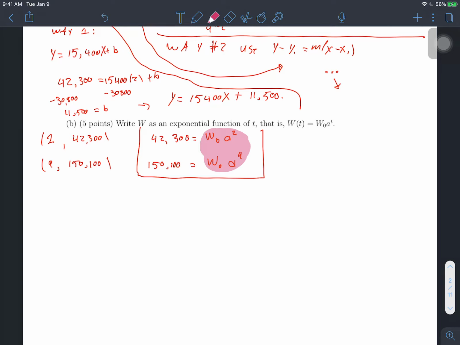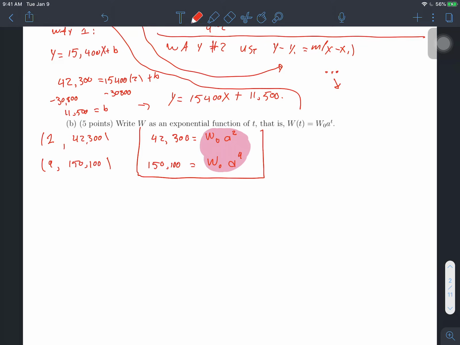Since both terms have a W naught present, I can divide these 2 terms and the W naught will go away and I'll just be left with some power of a. And if I divide the right hand sides, I can just divide the left hand sides.